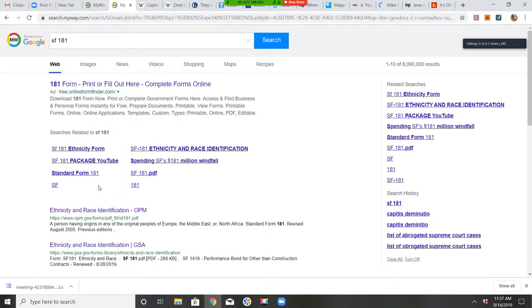I don't know why my SF-181 isn't loading here. Oh, hold on. Okay.